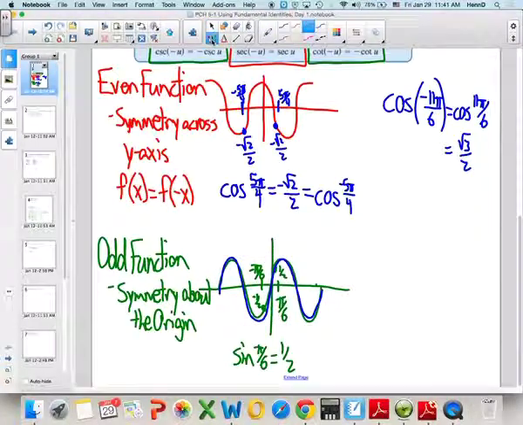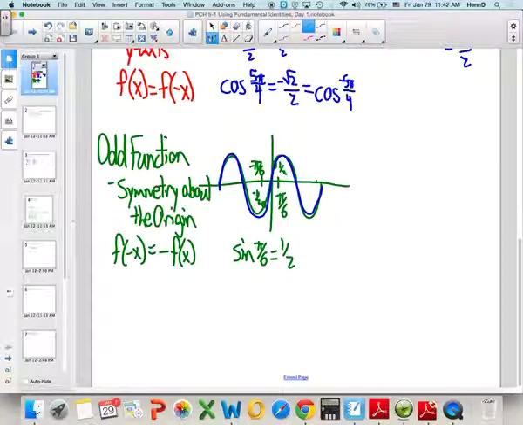And the key here is that f of negative x is going to equal the opposite of f of x. That's the definition of an odd function. If you remember that and you picture your trig functions, it's easy to remember which ones you have to rotate for symmetry.